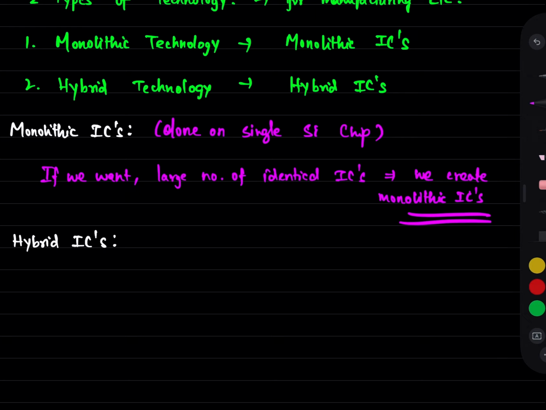The different components are attached to a ceramic substrate.